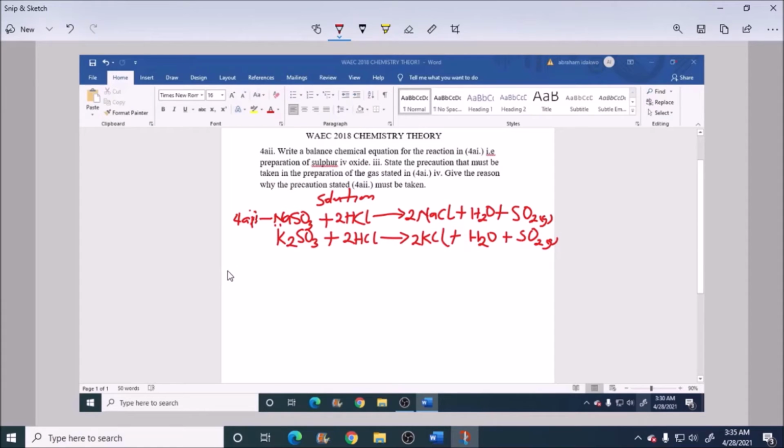Then 4a Roman figure 3, we are asked to state the precaution that must be taken in preparing sulfur 4 oxide.